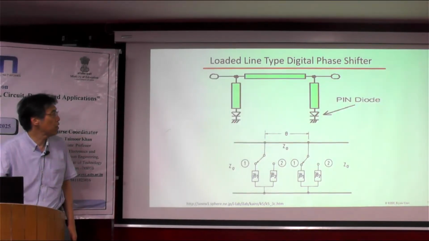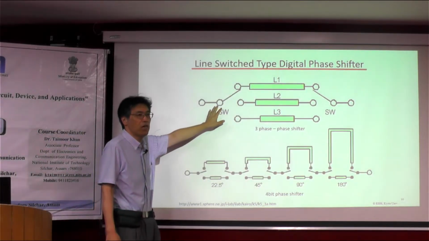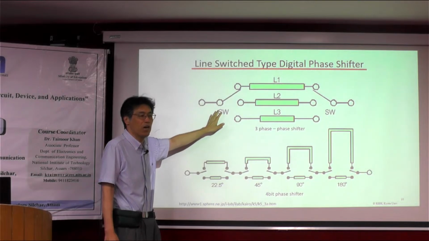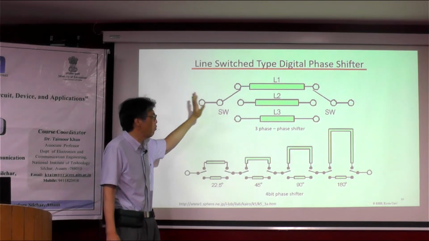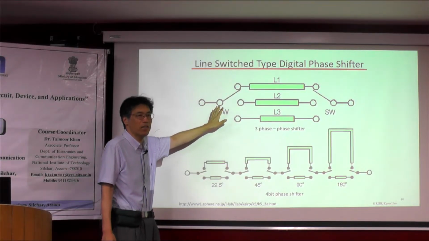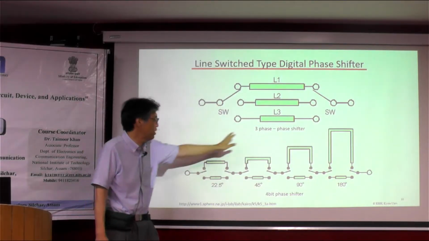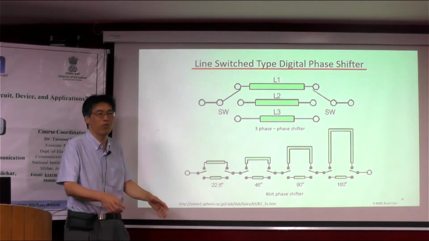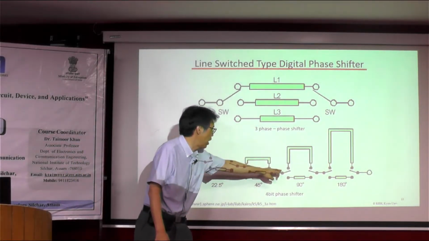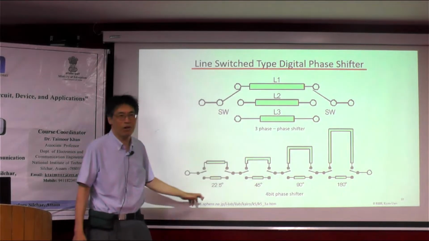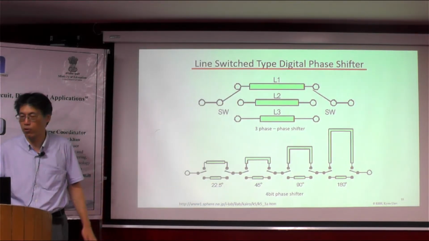But in this switch there are some real losses, especially in the PIN diode. If we use one phase shifter, the loss factor is only 2 points. But if we develop this phase shifter to control the phase from 0 to 360 degrees, there are losses of 1, 2, 3, 4, 5, 6, 7, 8 loss factors. So this is a very lossy circuit, unfortunately.